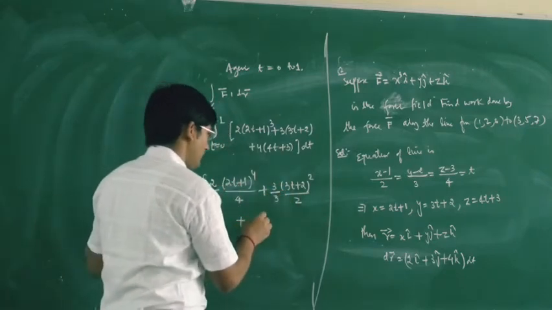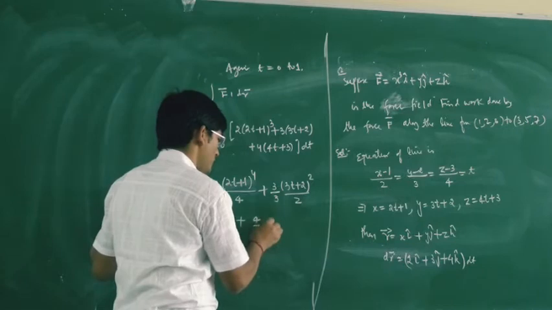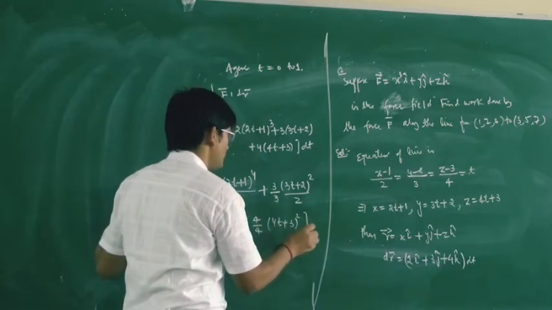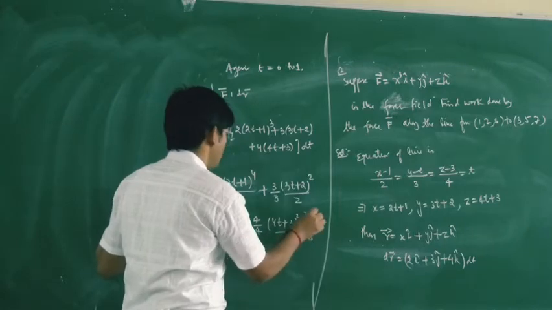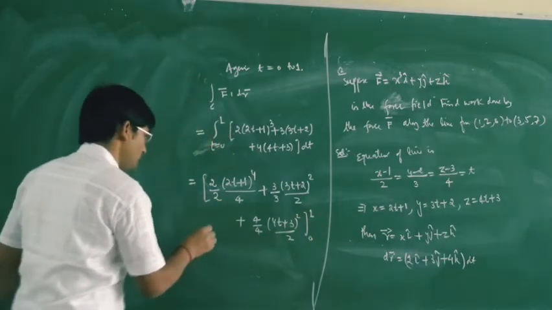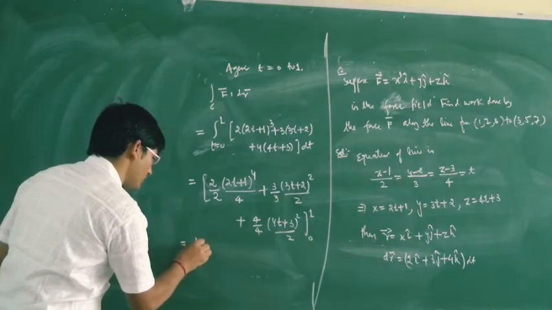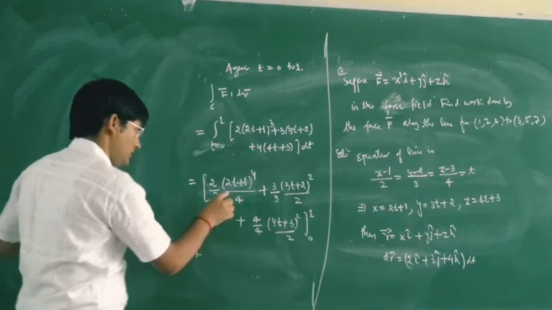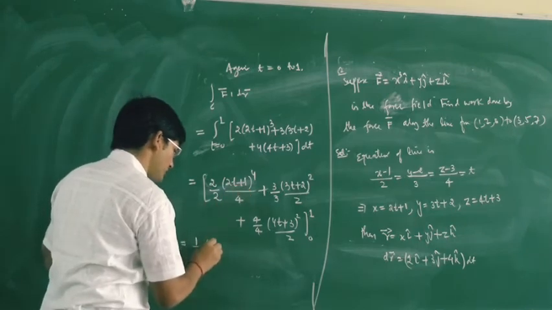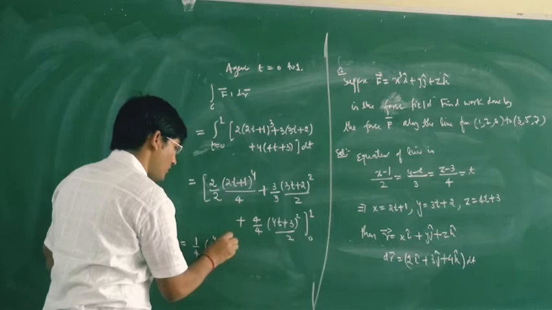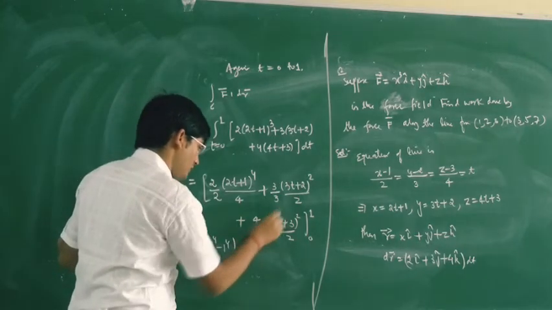Again, here we will have 4 upon 2, (4t plus 3) whole square, with the limits from t equal to 0 to 1. So if you put t equal to 1, then the first term will be 1 by 4 times 3 power 4, and if you put t equal to 0, then this will be minus 1 power 4. Then here we have 1 by 2.